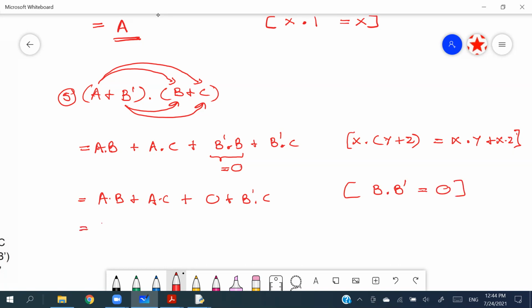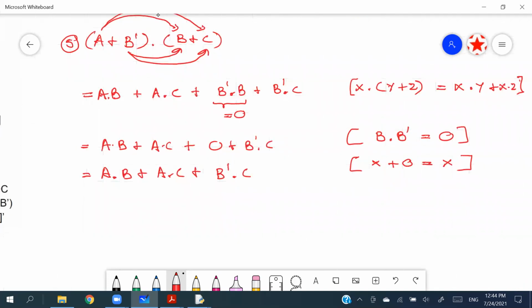Right? Then I can go A dot B plus A dot C plus B bar dot C. So that reason is x plus 0 equals x. And from this point onwards, you can't do anything else, right? Because A dot B, A dot C, B bar dot C, right?